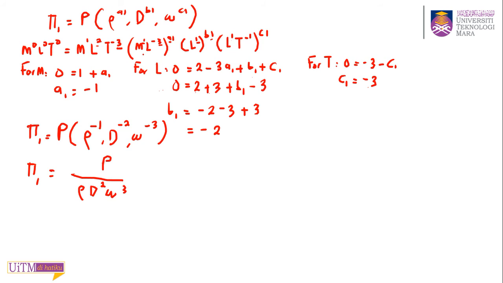Okay, rho is M1 L minus 3, this is correct. The diameter is L1, correct. This one, the rotational speed. What is the unit for rotational speed? Radian per second. It is not meter per second, it is radian per second.